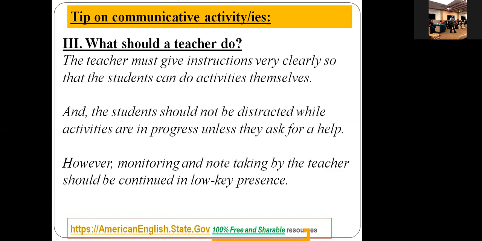So moving to next, what should a teacher do for the communicative activities? The teacher must give instructions very clearly to the participants of the activity, the learners. First make them very clear, and only then ask students to start working on the activity.